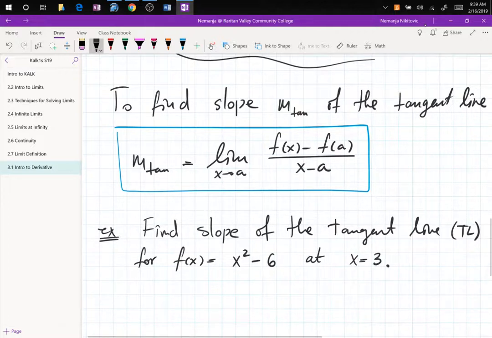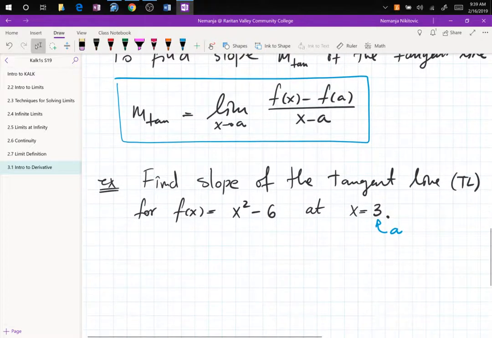All right, so this 3 is your a. So now, if I want to compute m tangent, I would need to calculate. Oh no, wait, hold on.